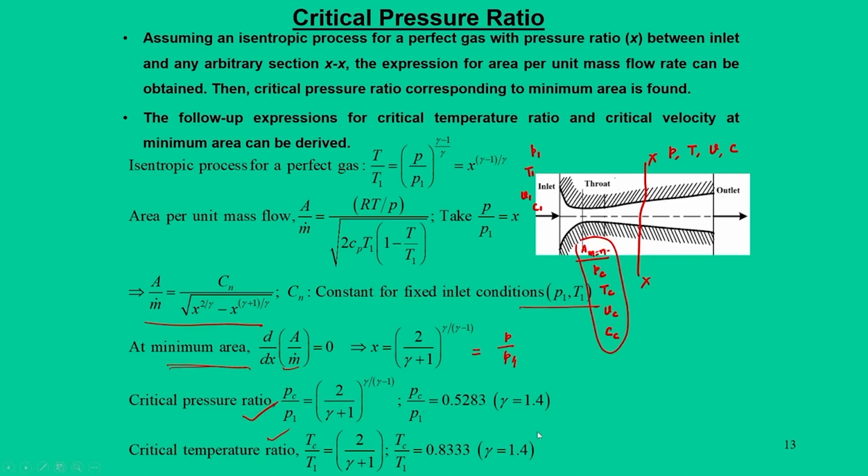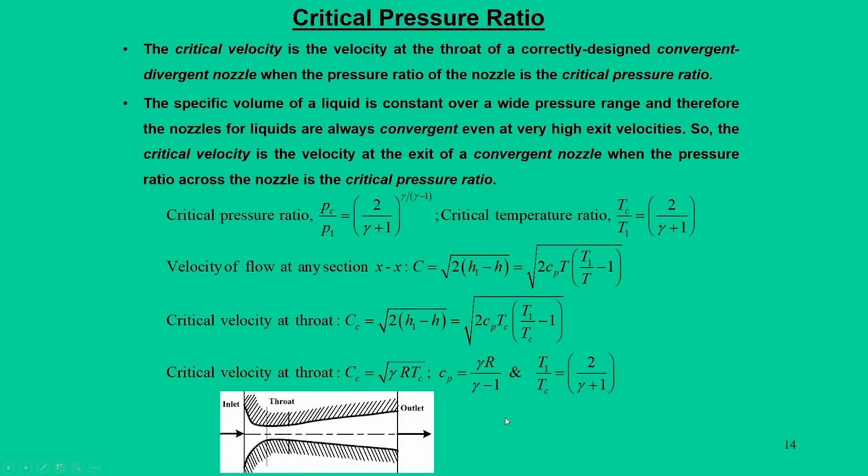Now, putting gamma is equal to 1.4, that is for air, we get the critical pressure ratio Pc by P1 is equal to 0.5283 and temperature ratio Tc by T1 is equal to 0.833. So, based on these minimum area conditions, we are now in a position to define terms like critical velocity.